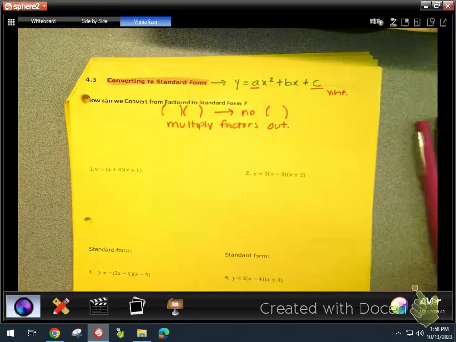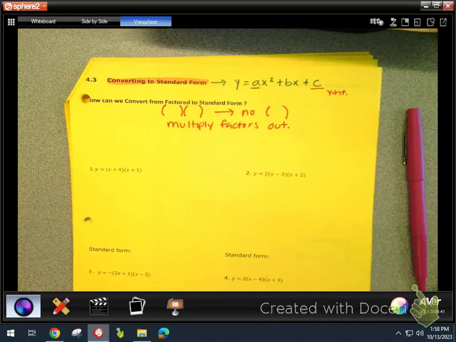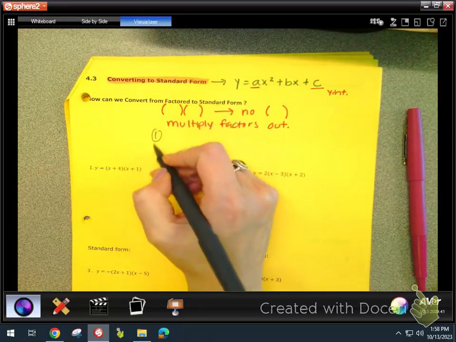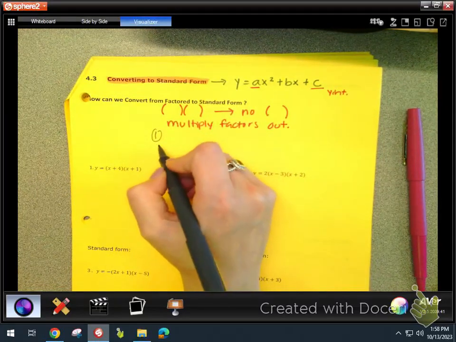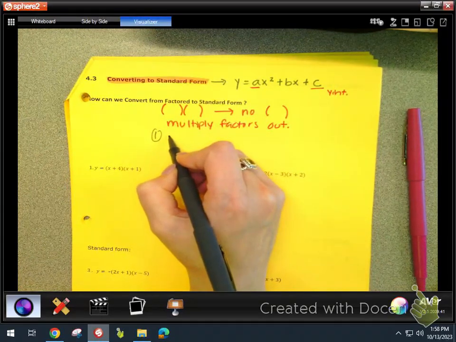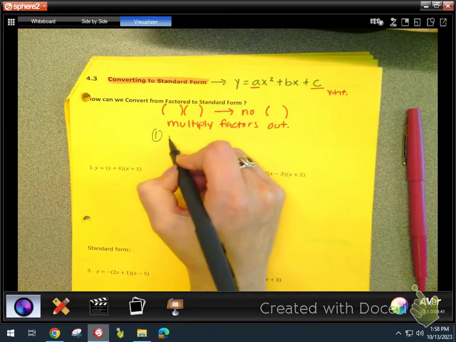Now, potentially, I'm going to write 2 steps here because you also could have an a value. Hear me out. I want to explain it one way. There are multiple ways you can do this, but here's the way that I'm going to do this. Step number 1, we're going to multiply our binomials.